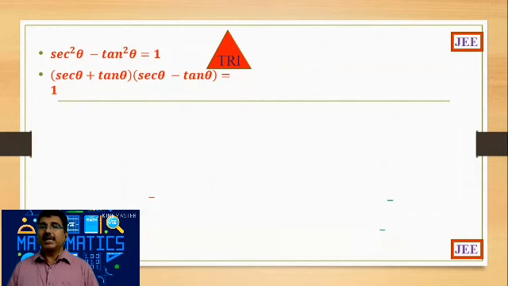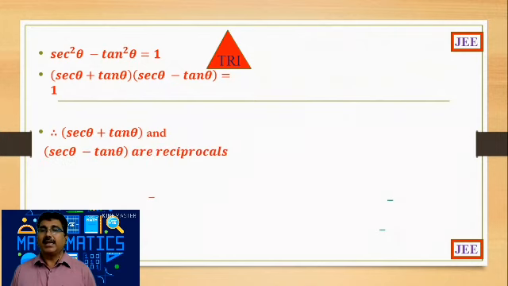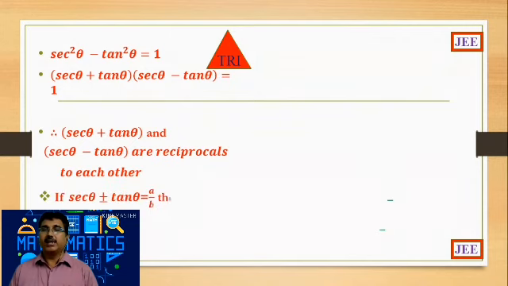Therefore, secant theta plus tan theta and secant theta minus tan theta are reciprocals to each other. Now, if secant theta plus tan theta is equal to A by B, then secant theta minus tan theta is equal to B by A.